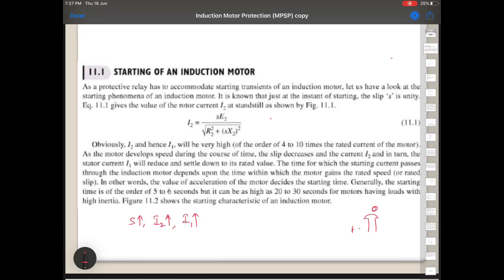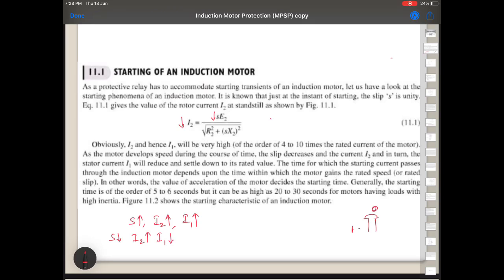But during running condition, once it starts and attains the rated speed, it attains the rated current, because slip will be less. If slip is less, then by this equation you can see that I2 is less, that is the motor is drawing less current, so rotor current is less and stator current is also less.